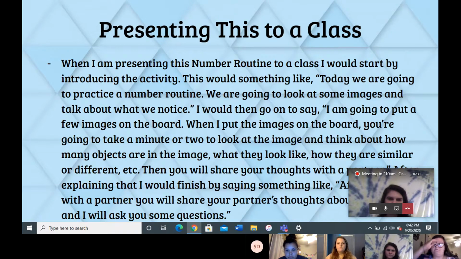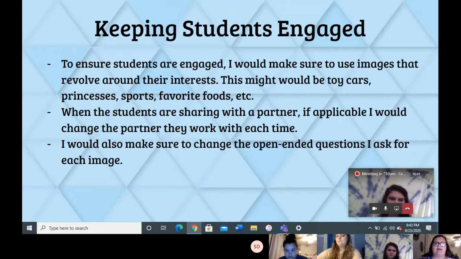And then after explaining, I would finish by saying something like, after talking with a partner, you'll share your partner's thoughts about it, and I'll ask you some questions. Some things I had for keeping students engaged would be to make sure the images I use revolve around their interests and things they enjoy. So this would be toy cars, Disney princesses, sports, favorite foods, all kinds of things, nail polish, like we had our dogs.